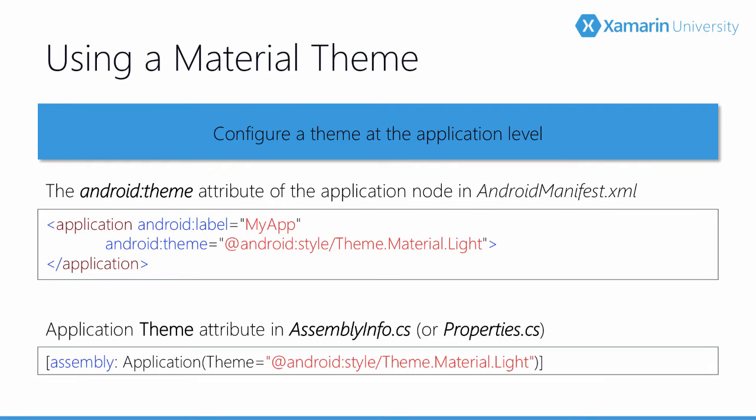When choosing to configure an application level theme, you set the Android theme attribute to enable a material theme flavor at application level. There are 2 ways of achieving this. Either via editing the Android manifest file directly, specifying the theme referencing the Android built-in style name or a custom derived style, or adding an assembly attribute to either the assembly information or properties CS files.